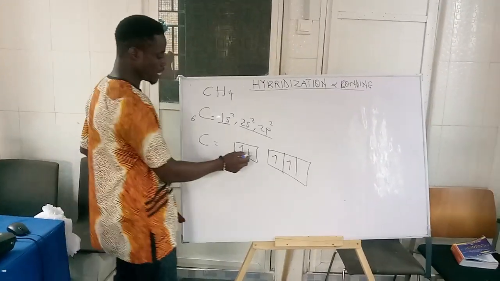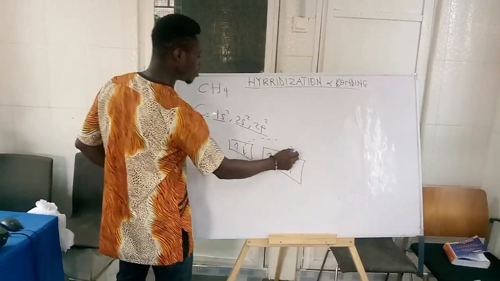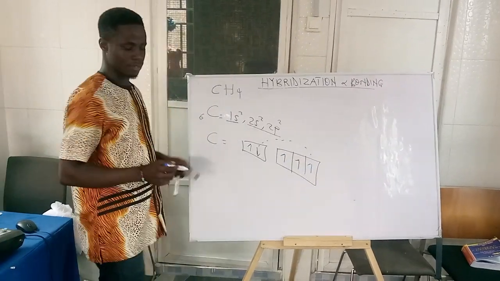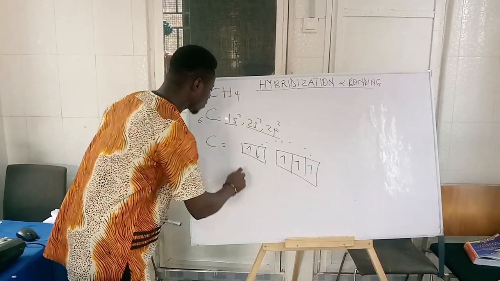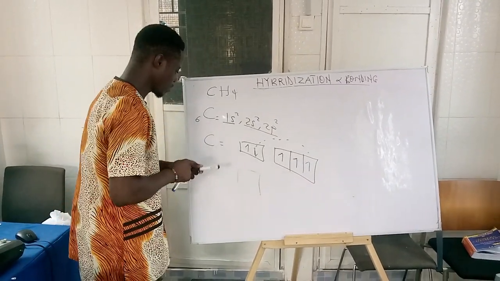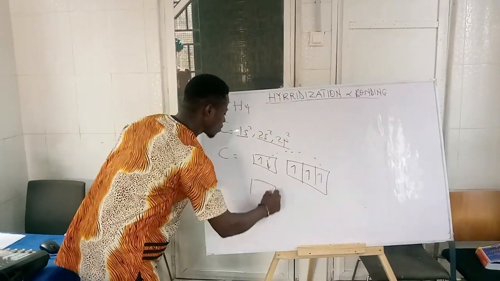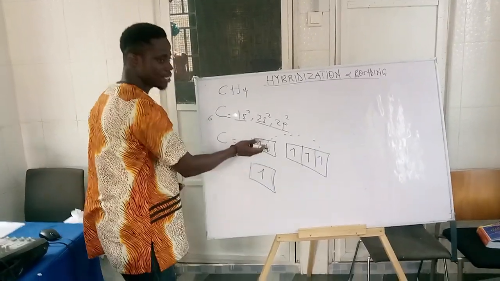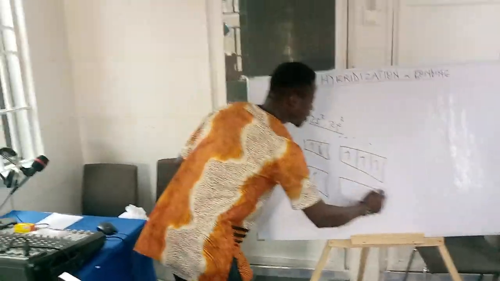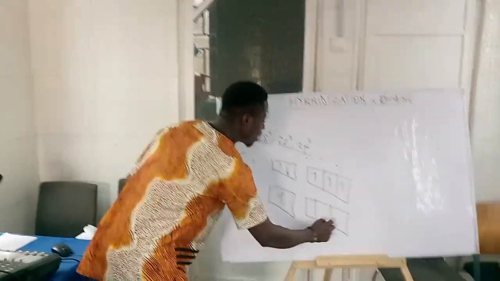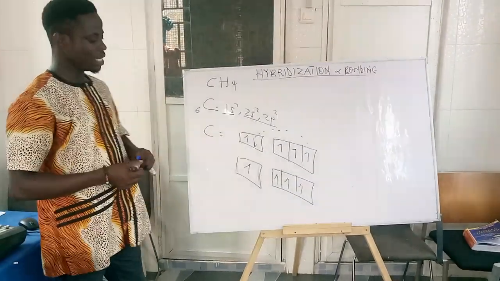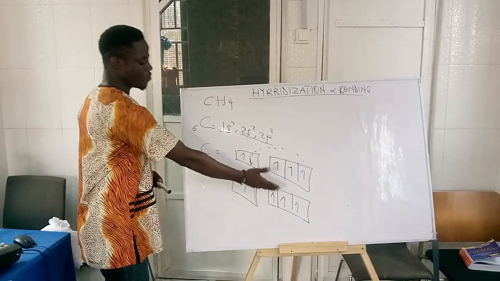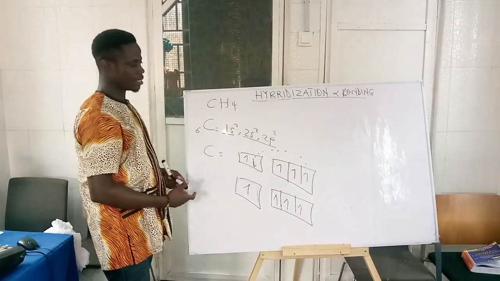You need to promote this electron from this state to this side. So this will be written as, now we have only 1 left, and then the other ones are all having 1, 1 electrons. So this is what we are talking about. It's now having 4 hybrid orbitals.